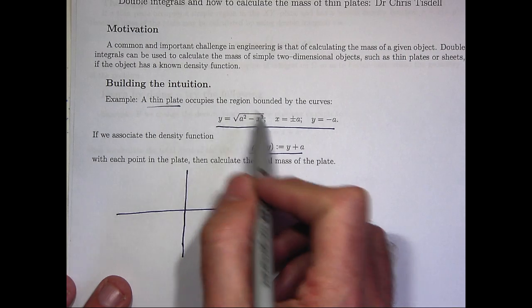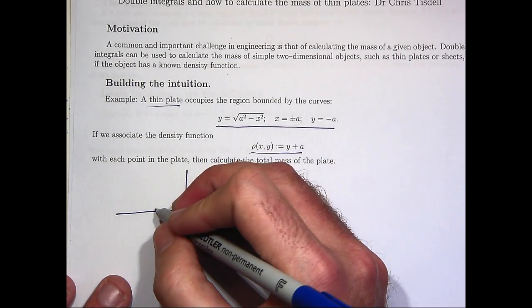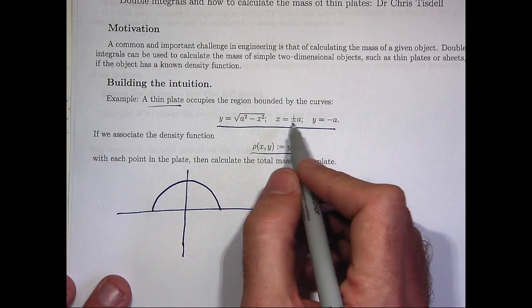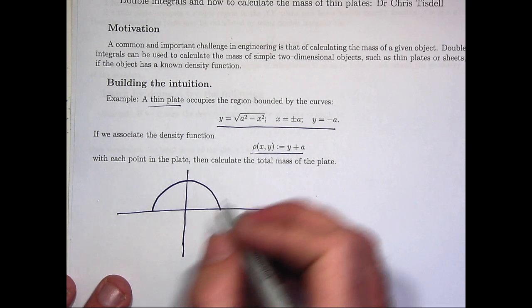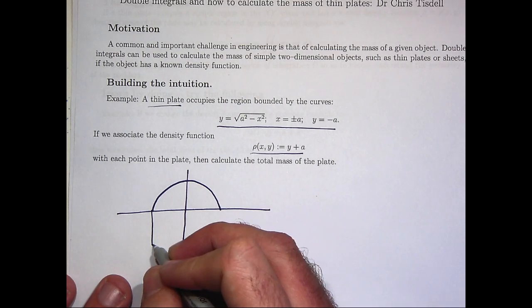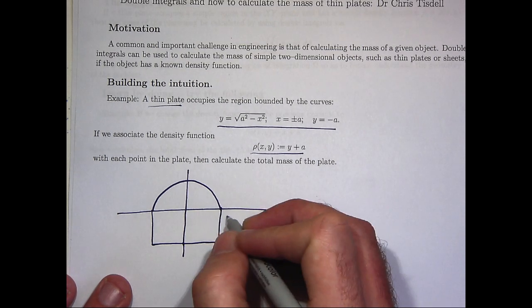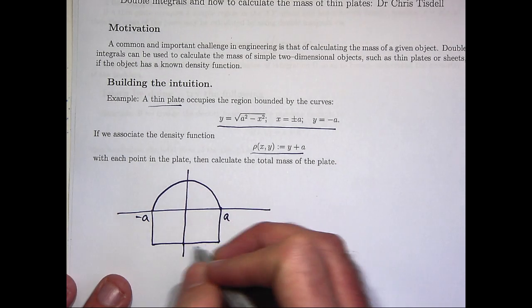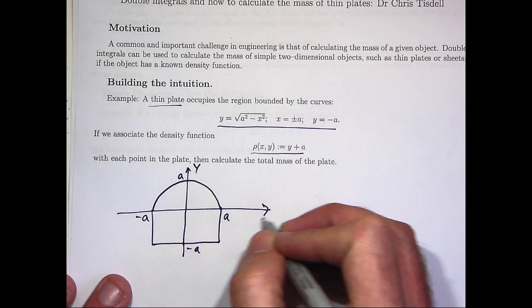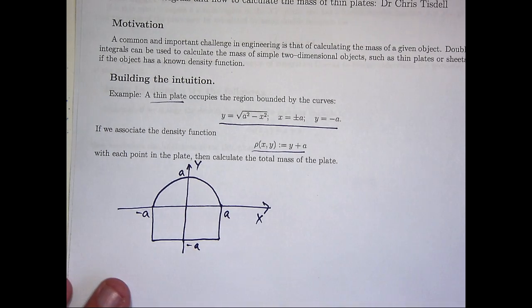Okay, so I've got, this is like the top half of a circle. These are just straight lines. So this is my plate. So this is our region.